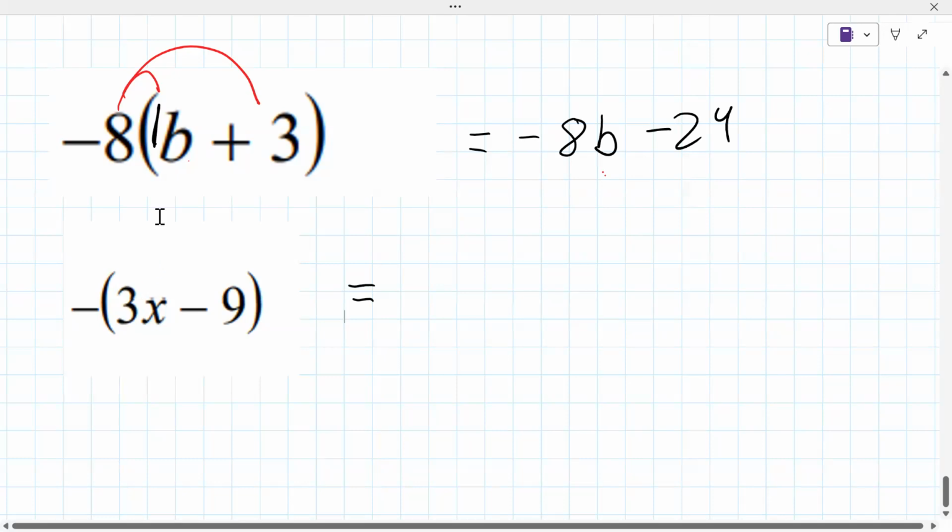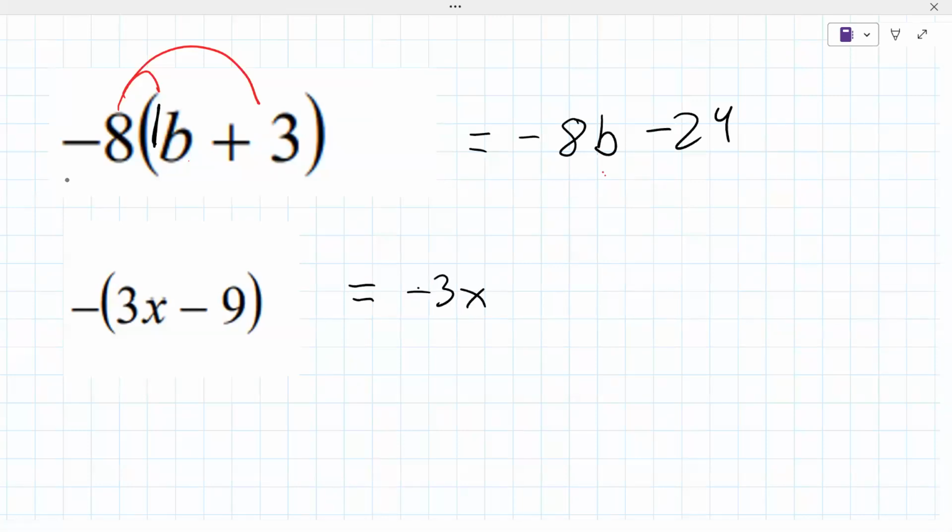So give that another try. So it'd be -3x plus 9. Yeah.